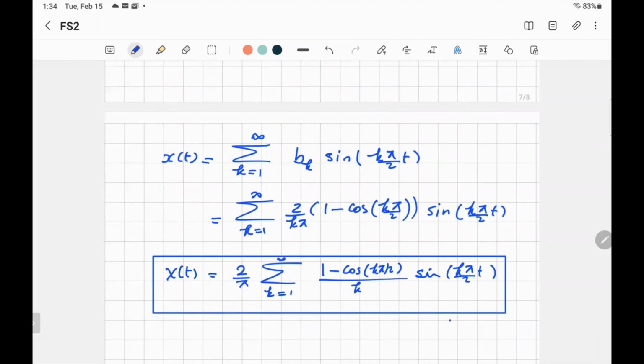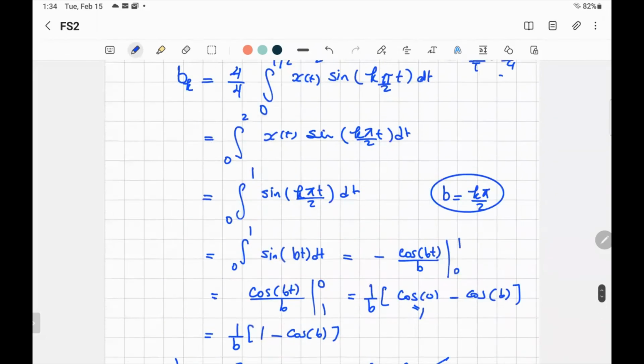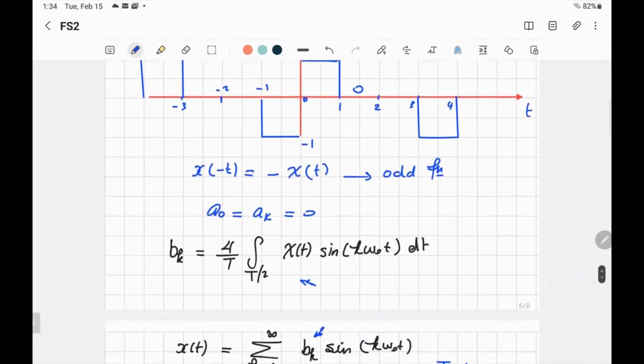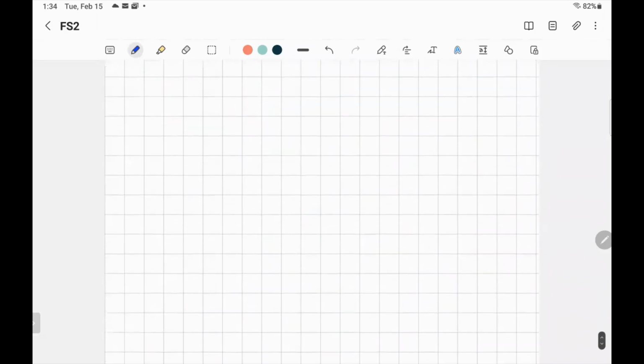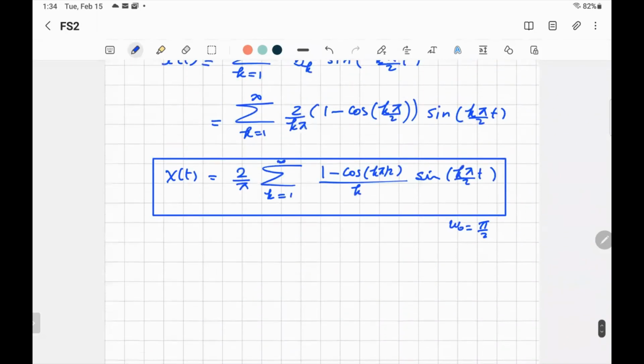Remember, the fundamental component has fundamental frequency equal to pi over 2. We did that before. Let me remind you: we found T is equal to 4, and omega naught is 2 pi over 4, which is equal to pi over 2. So, question: what is the value of the DC component in this signal?